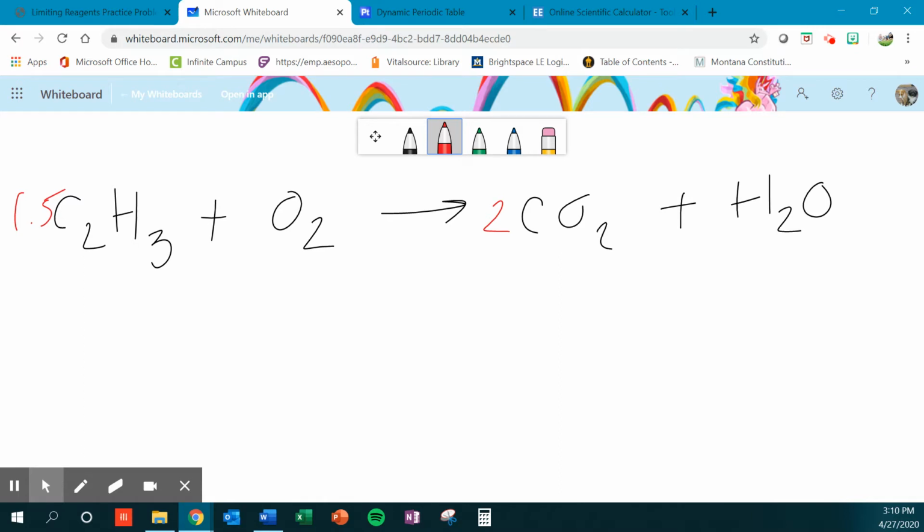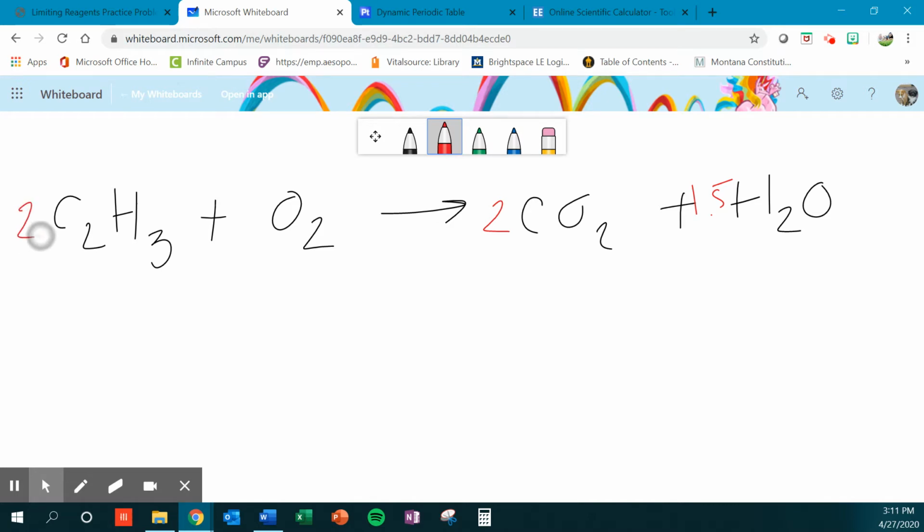I know we can't have a partial coefficient, but what that does is give us, I'm sorry, I put it on the wrong side. I'm going to add it right here. The 1.5 actually gives us the 3 hydrogens on the left and the right. But because we know we can't do that, we then need to go back and double everything.